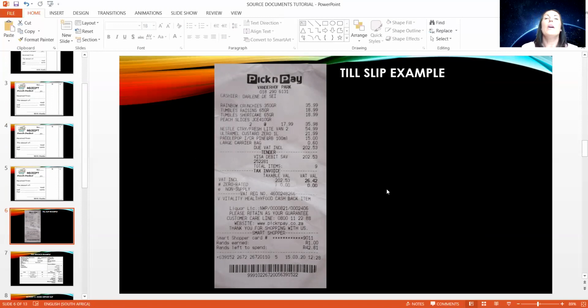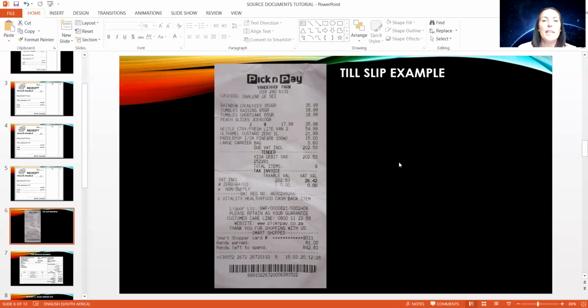The customer will get a copy, and then we talk about the cash register roll. That is the part that stays inside the till that we later use to record transactions in our journals, more specifically our cash receipts journal.